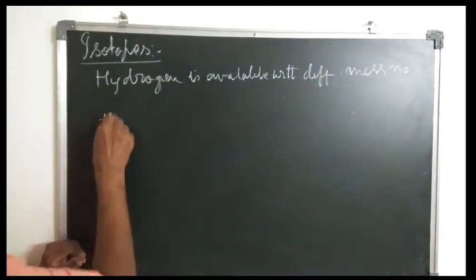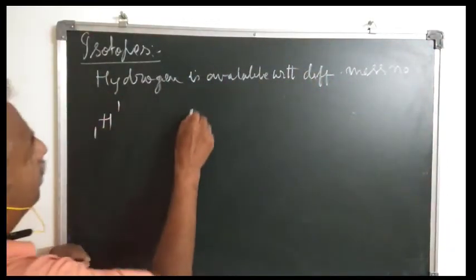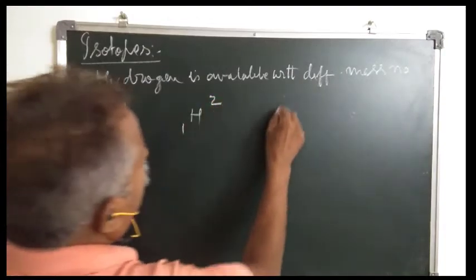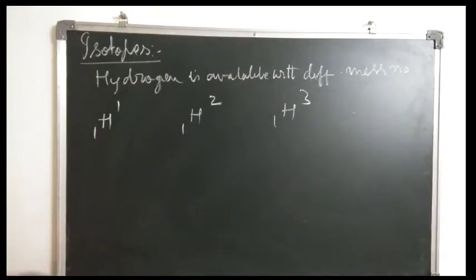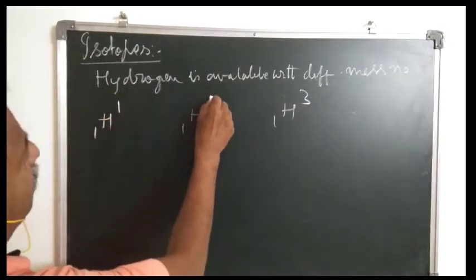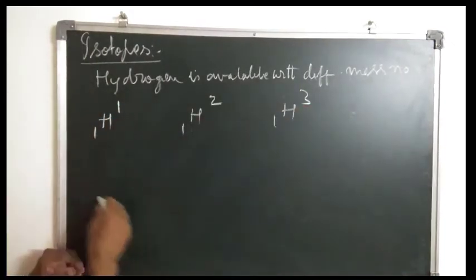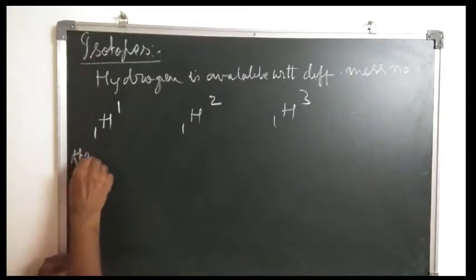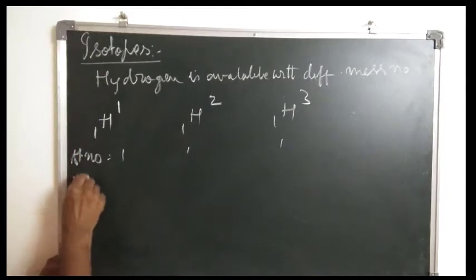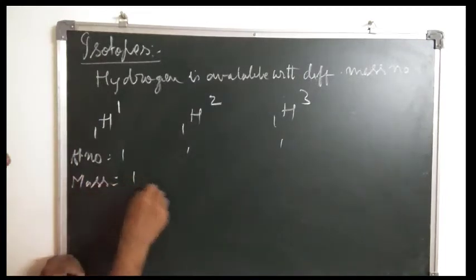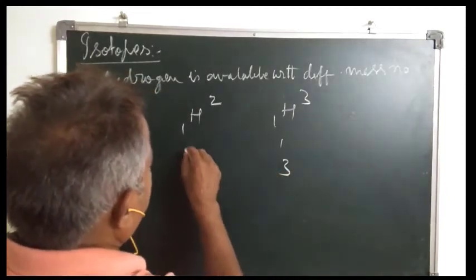That is hydrogen-1, hydrogen-2, hydrogen-3. See here, mass number is 1, mass number is 2, mass number is 3. So, atomic number is 1 here, 1 here, 1 here. Mass numbers 1, 2, 3.